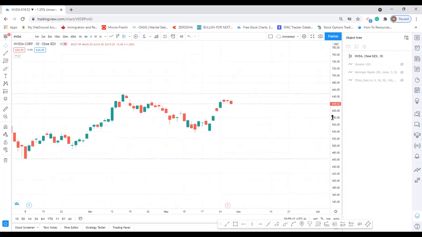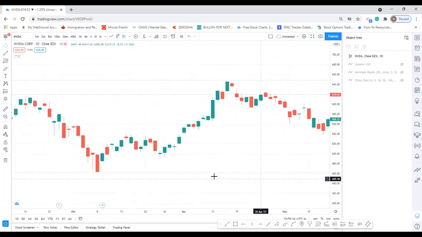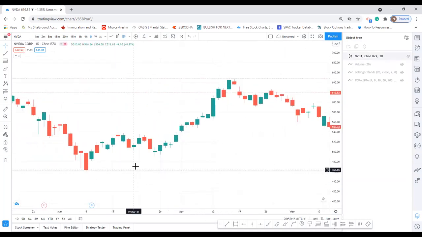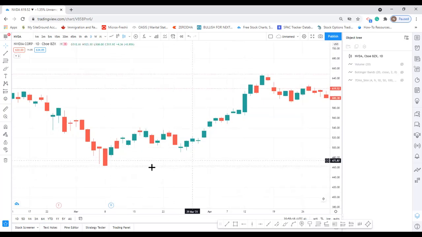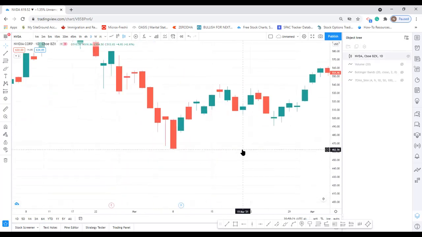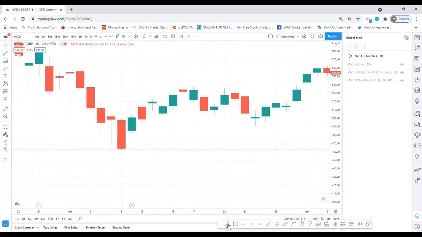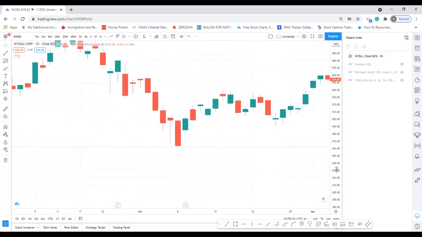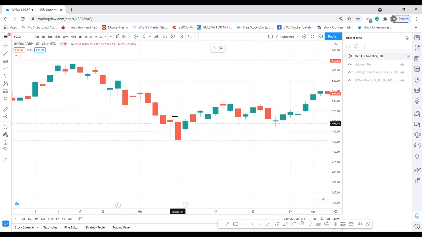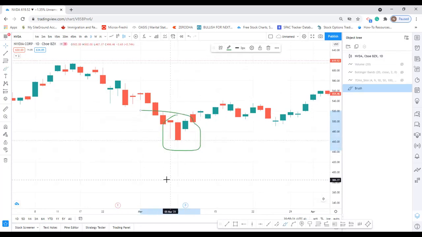Okay, let's see on NVIDIA what it says. Now, if you see here, this one is not a pure piercing, but this is kind of, you can say, piercing.